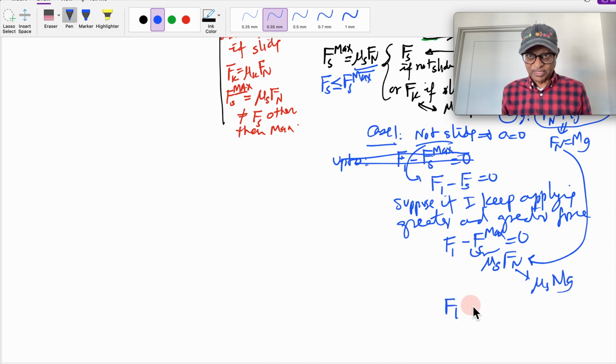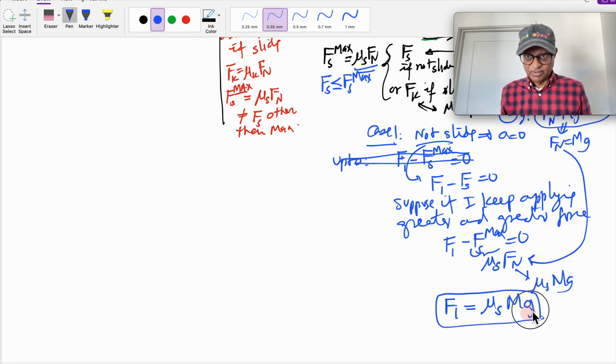So F1 at that point will equal mu s mg. So they will have to be balanced like that if not sliding.